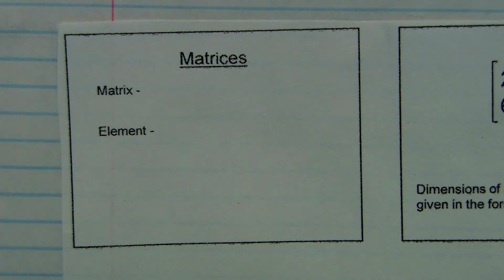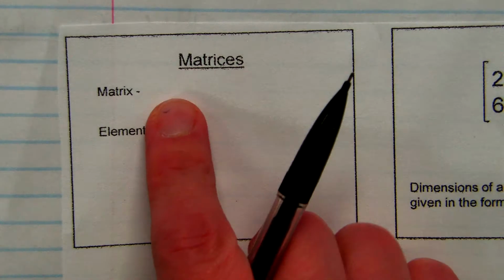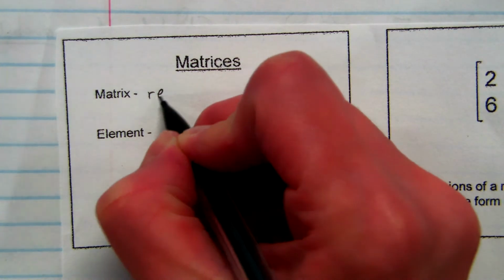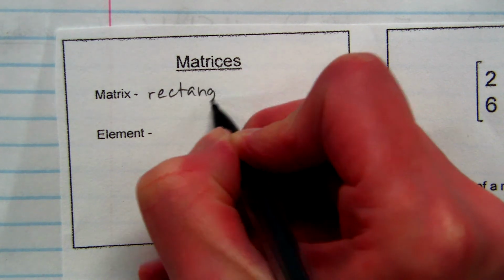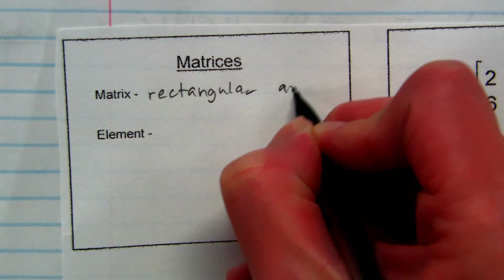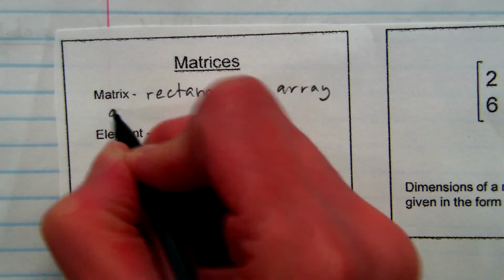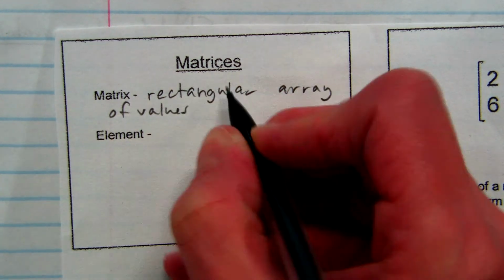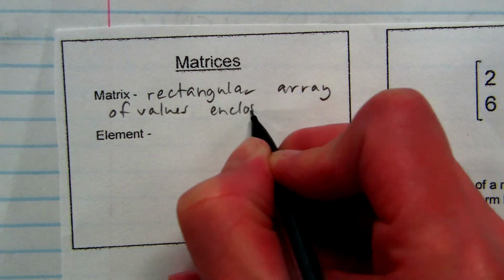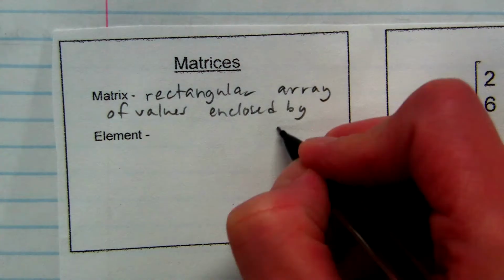So today's lesson is Intro to Matrices. I am recording, guys. So we're going to start with some definitions. What is a matrix? Technically, in the book, it will say a rectangular array of values enclosed by brackets.